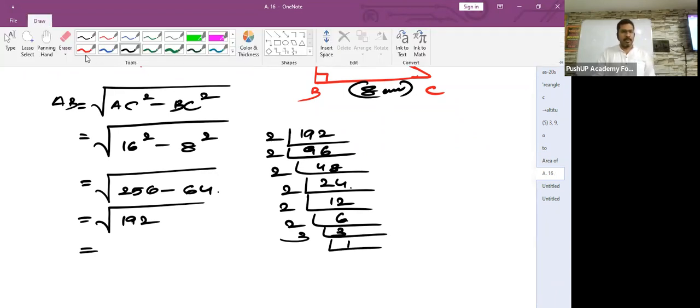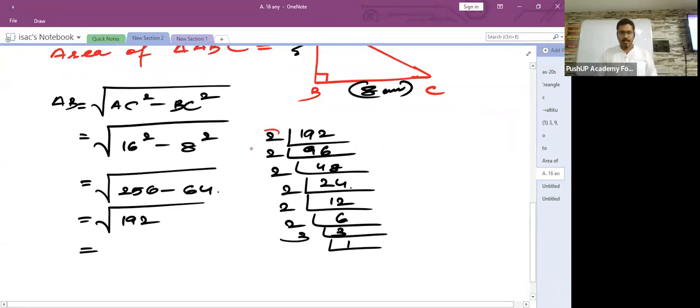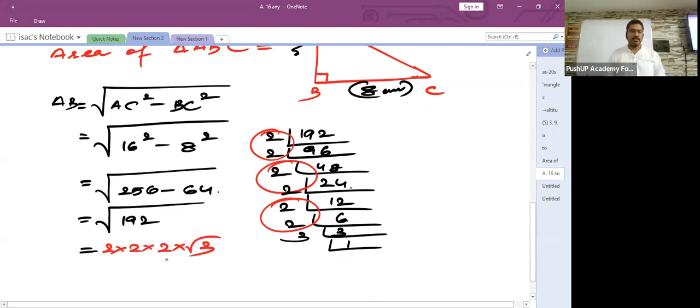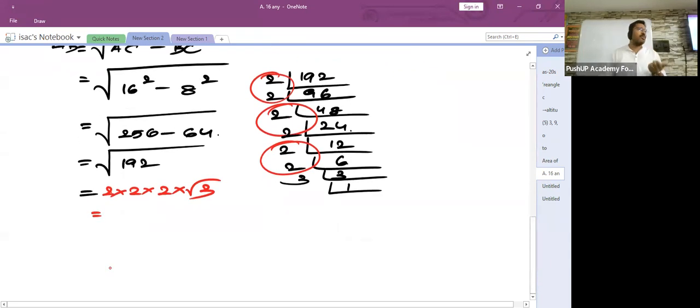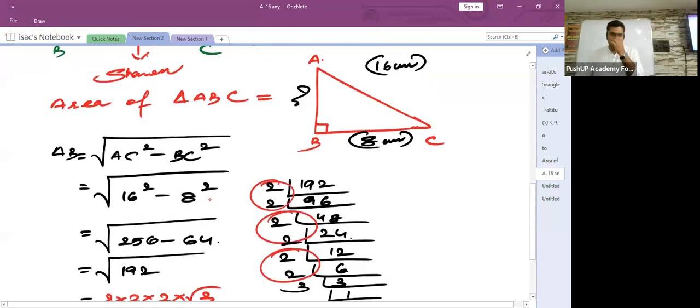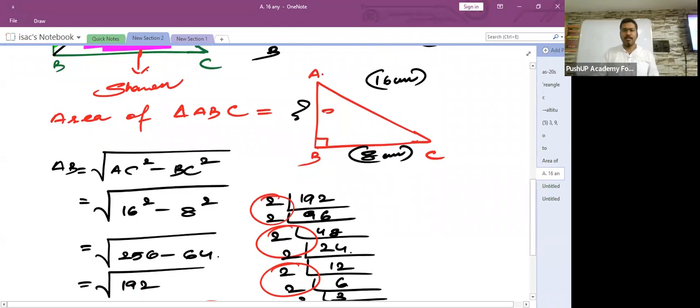Now let's find the square root. One pair of 2, another pair of 2, another pair of 2. So how many 2's are coming out of the square root sign? 3, isn't it? And inside the square root sign, only 3 is left. 2 into 2 into 2 is 8. So you get 8 root 3 centimeters. Very good. So children, you got the value of AB, which is 8 root 3.